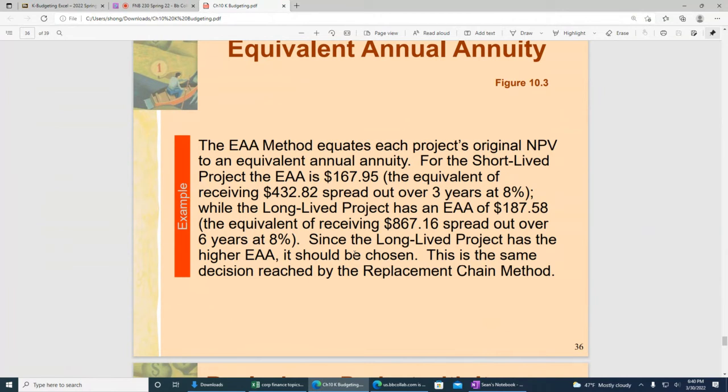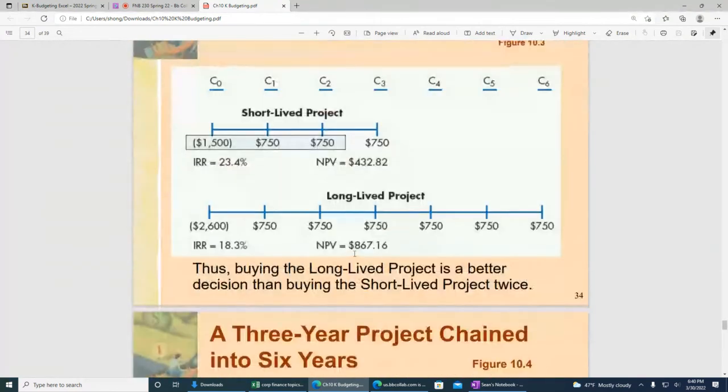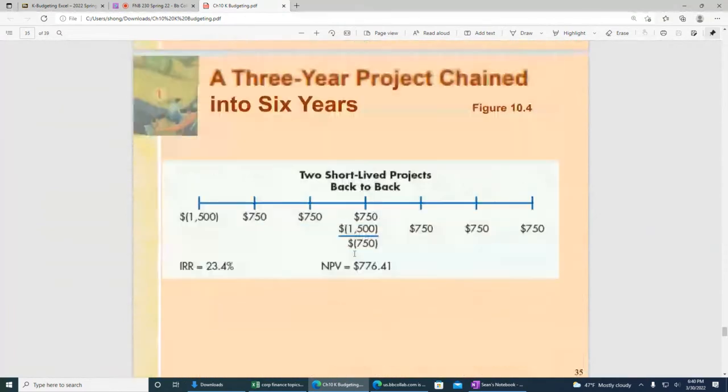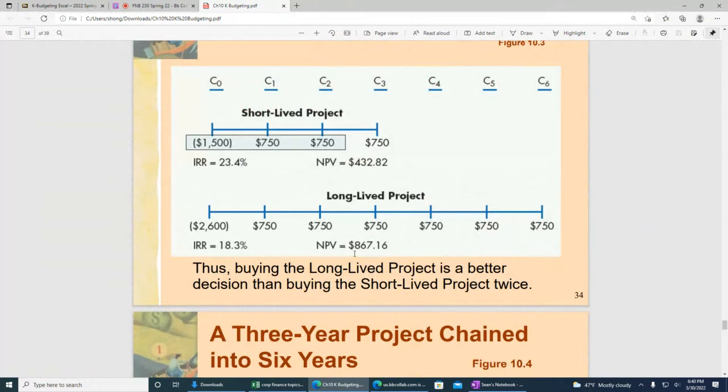On the same example, it is the equivalent of receiving 433 spread out over 3 years at 8%, while for the long-lived project, the present value of annuity is 867.